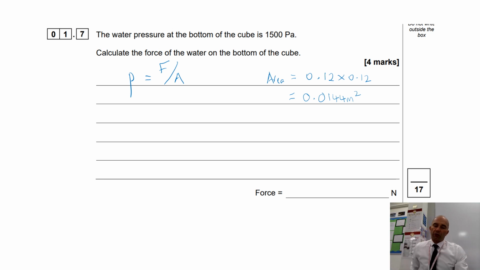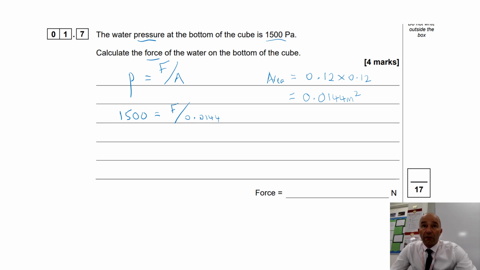Now just by working out that area, the surface area, we've got our first mark. We're now substituting the numbers that we've got. So we've been given the pressure, we've got to calculate the force. So F is going to be the unknown, and we've just worked out the area. So substitute in the numbers, we end up with that 0.0144. We've now got a second mark.